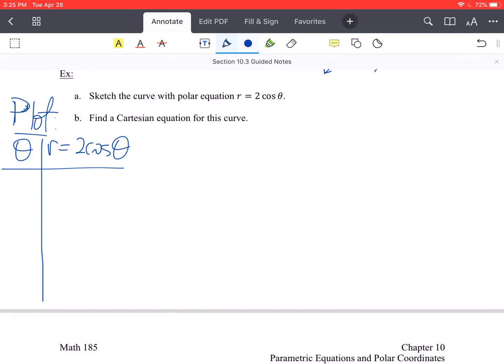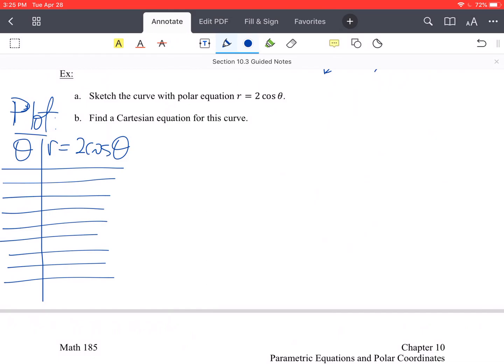So we're just going to pick a bunch of theta values and look at what happens when we choose them. I'm going to make 9 values here. Just pick some common ones that we would know relatively easily: 0, pi over 6, pi over 4, pi over 3, pi over 2, 2 pi over 3, 3 pi over 4, 5 pi over 6, and pi.